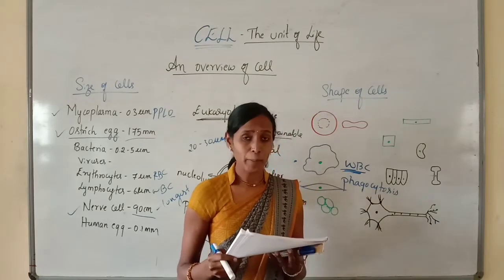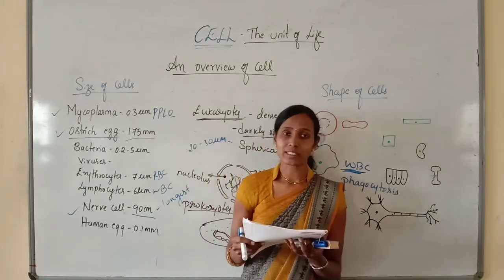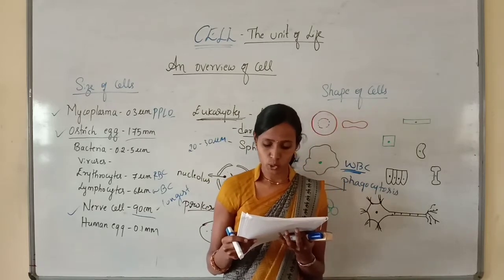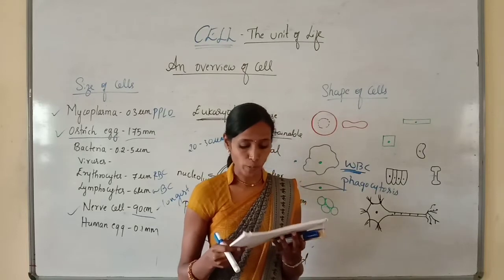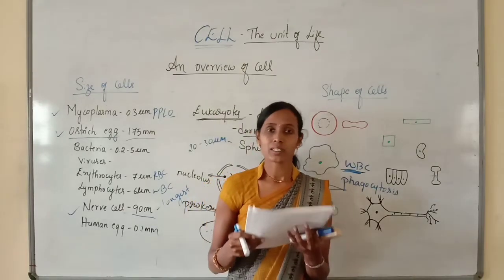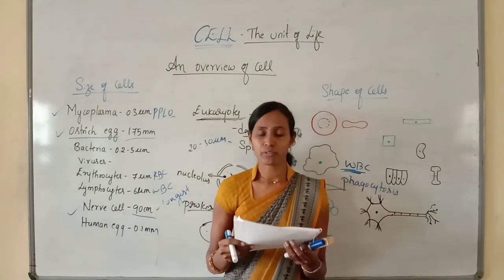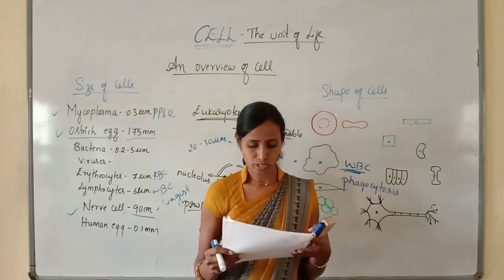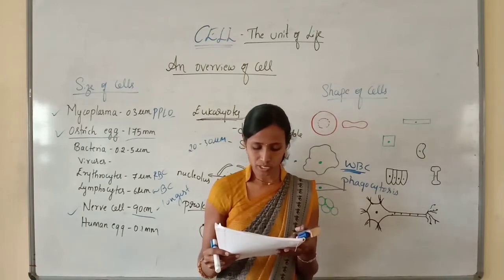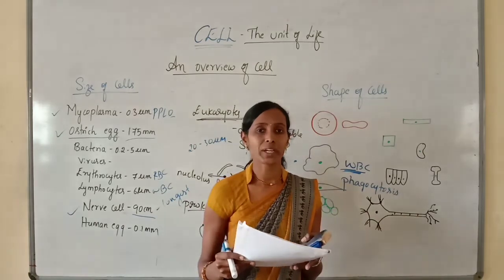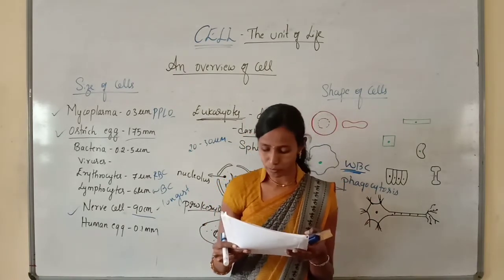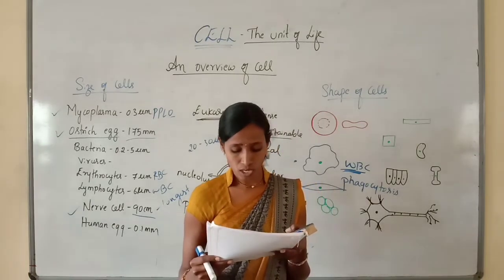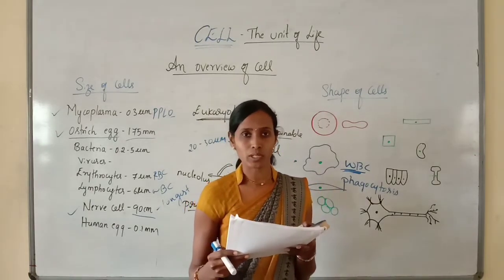Next question: the main area for cellular activities is option A nucleus, option B ribosomes, option C cytoplasm, option D endoplasmic reticulum. Here cytoplasm is the main site for cellular activities, so option C is correct. Fourth question: prokaryotes do not have option A ribosomes, option B genetic material, option C cell wall, option D membrane bound nucleus.